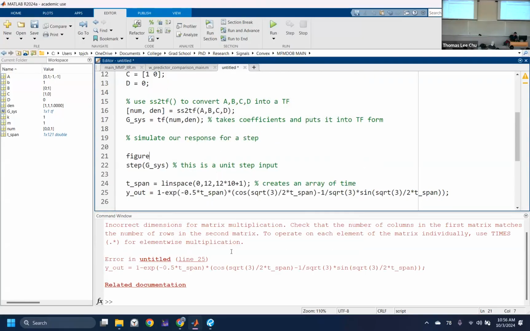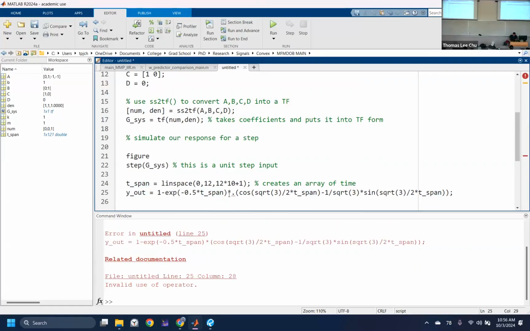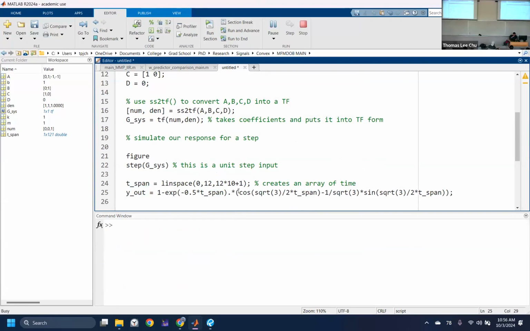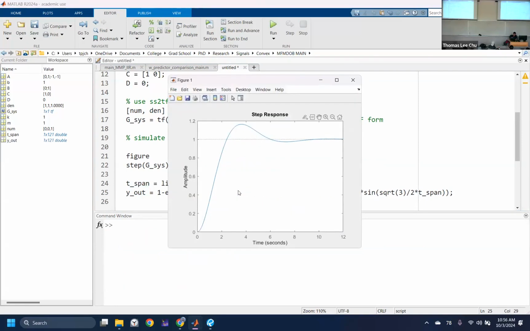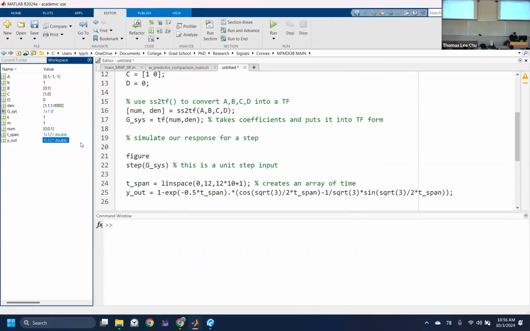It's because I'm doing array on array multiplication, so I need to put a little dot there. Hopefully that works. Oops, this way. Let's see if that works. Yeah, there we go. So it works, and we have 121 points.